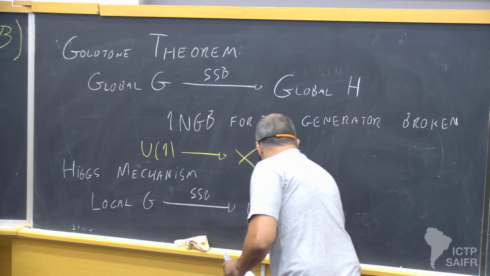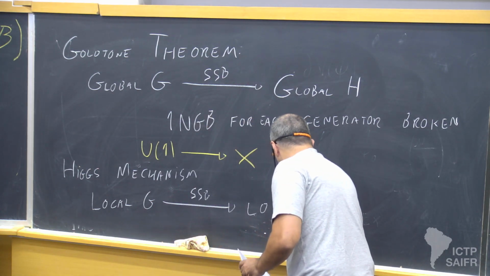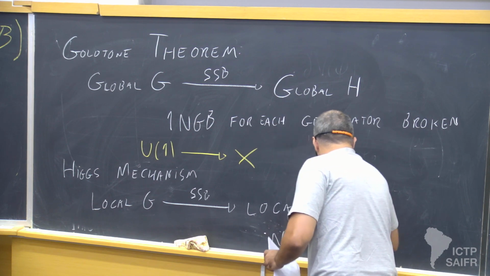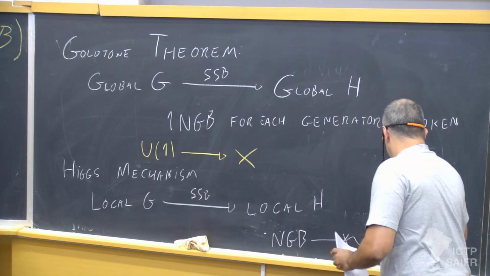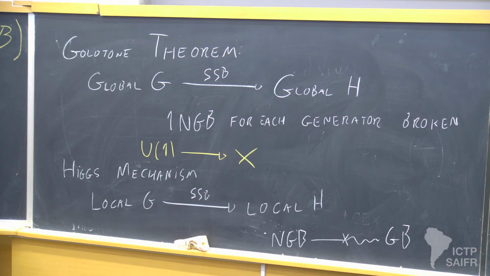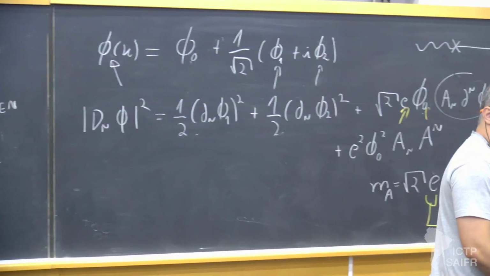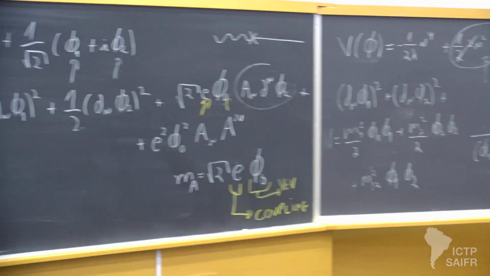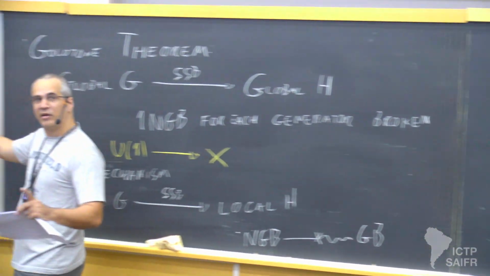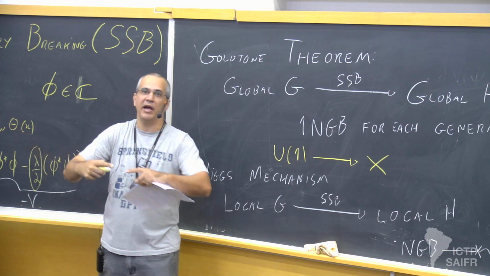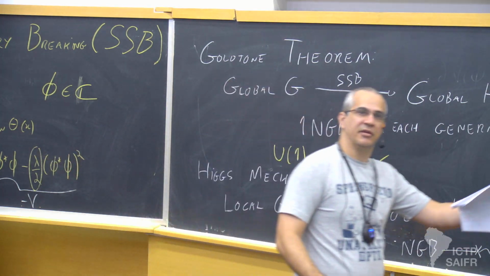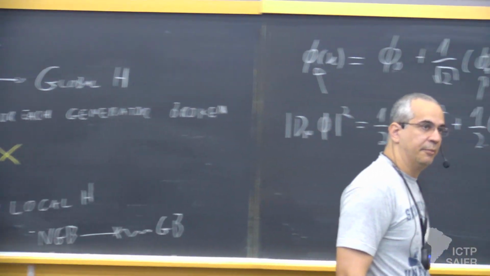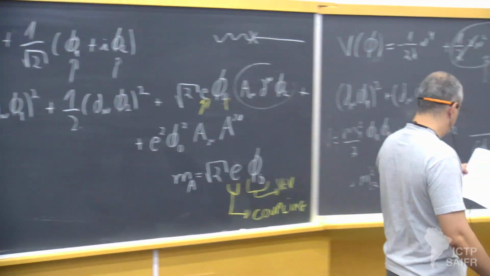So you get Nambu-Goldstone bosons mixing with the gauge boson. Right? And that's what gives masses for these gauge bosons. So in our examples, it was very simple. I had only one gauge boson, only one Nambu-Goldstone boson. They combine to make a massive gauge boson. Right? So that's a simple example.